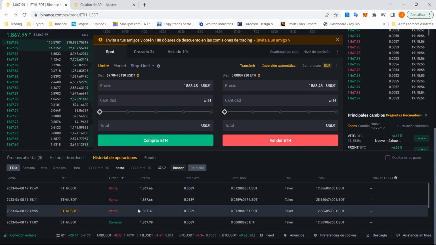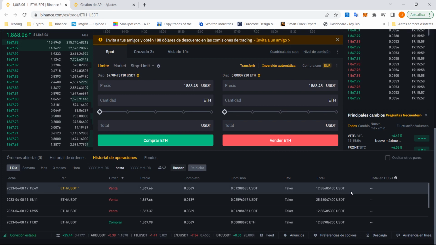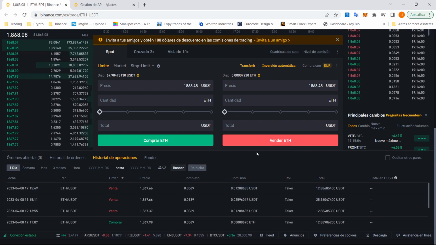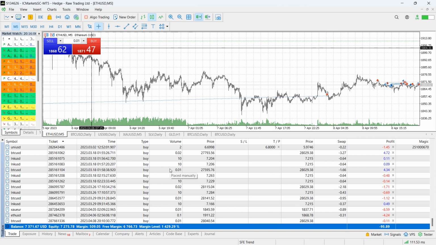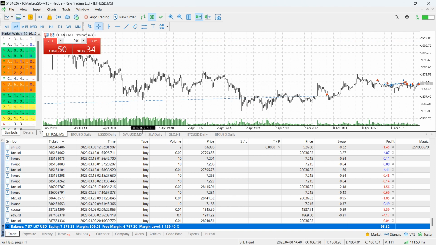So this works as expected. You can just manage the number of positions here, and the copier will just copy any open, close or partial close to the spot account.